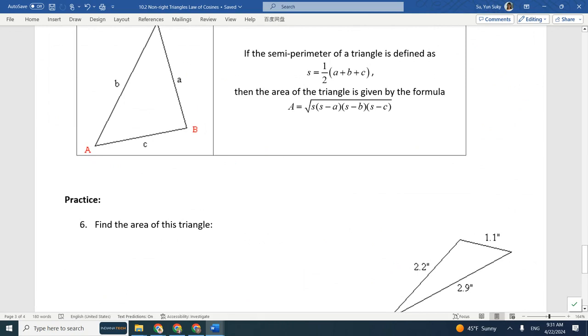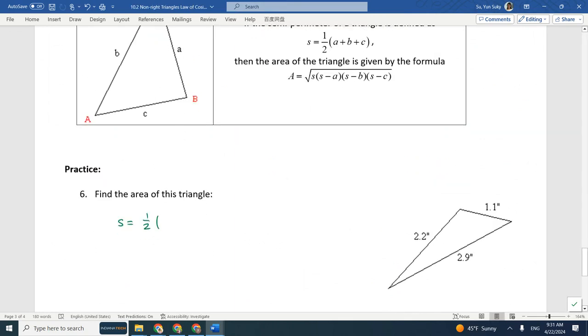So we plug in the numbers here. We first compute the semi-perimeter. It's 1/2 times A plus B plus C. So let's label them. Let's call this A, B, C. So this is little b, this is little a, this is little c. Okay, so A is what? 1.1 plus B is 2.2.